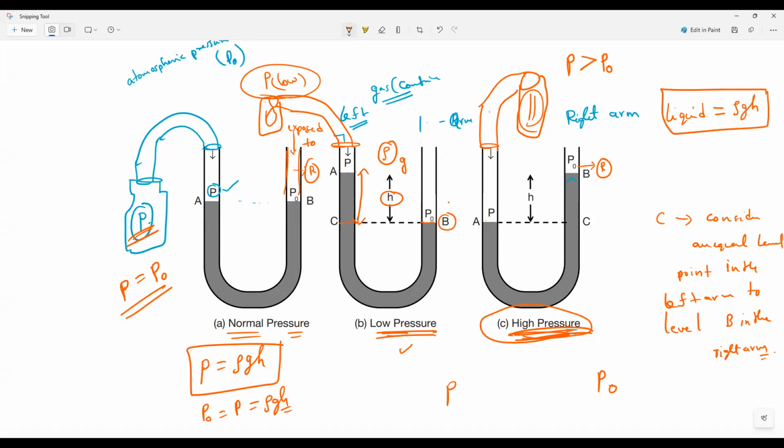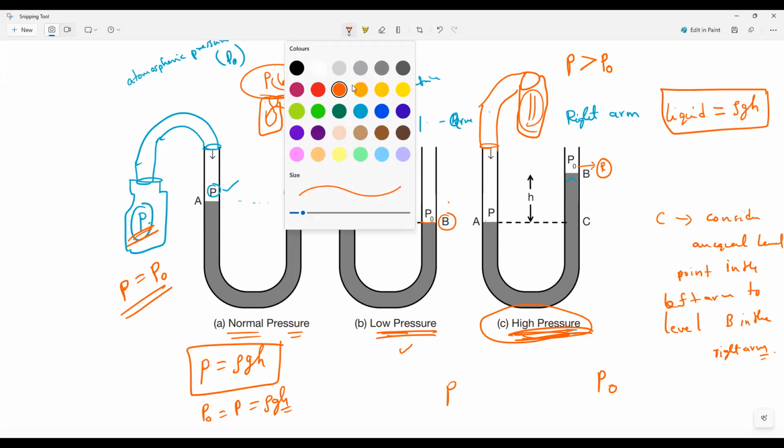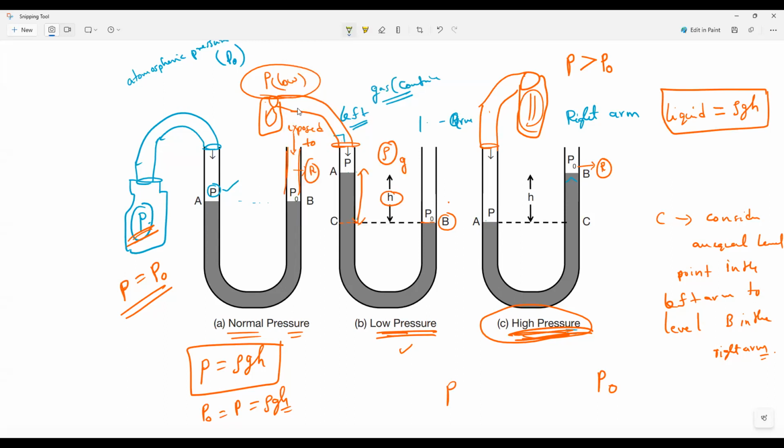So, if you want to calculate the pressure of any kind of gas or any kind of liquid, please note it. The pressure of a gas or a liquid is equal to P0, atmospheric pressure, minus the height of the liquid rise times density of the liquid times acceleration due to gravity. Either high pressure or low pressure, doesn't matter.